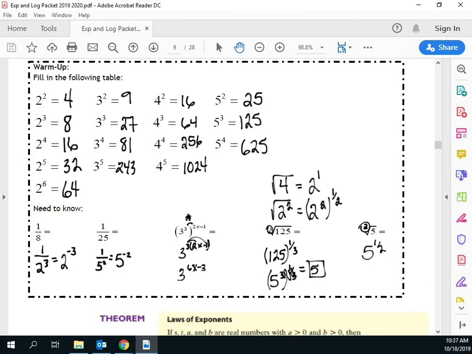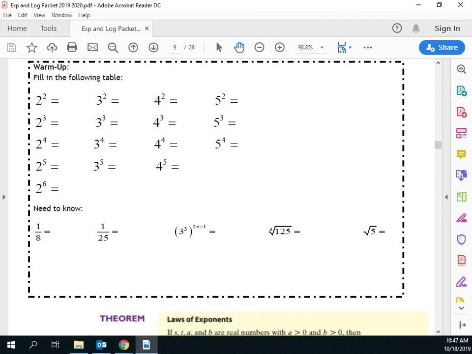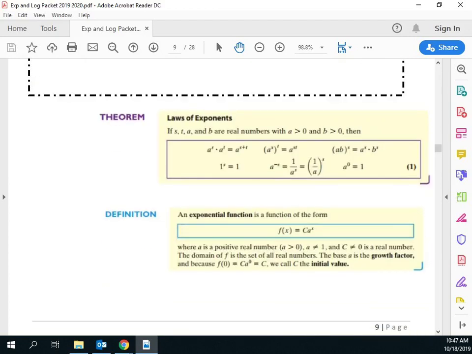Any questions, guys? All right. So if you read on to the box underneath, let me scroll up. It states here, just reading through it, a theorem, law of exponents. If s, t, and a and b are real numbers with a greater than 0 and b greater than 0. And this goes back to stuff you guys have already talked about this morning, which is, when you multiply 2 exponential terms with like bases, what do you do with the exponents?